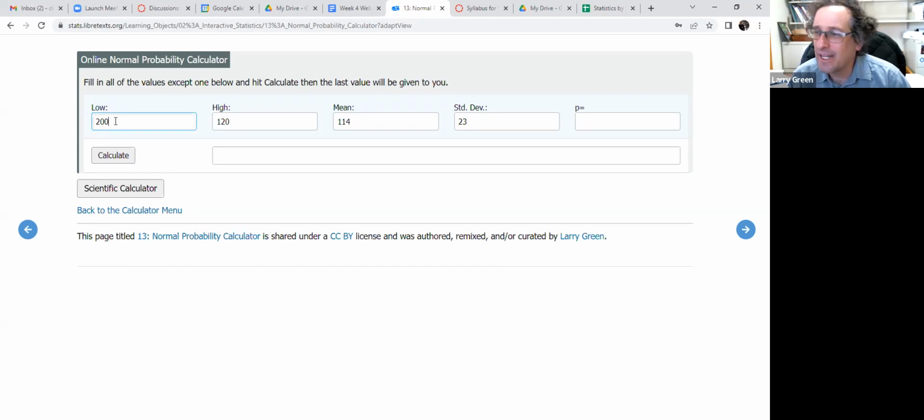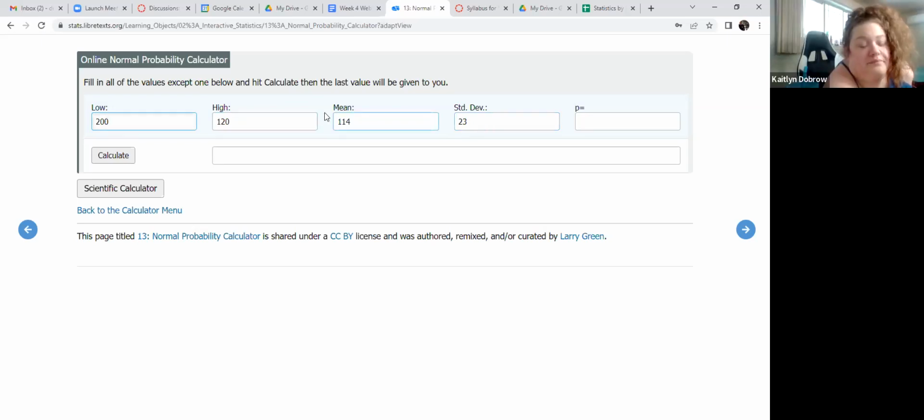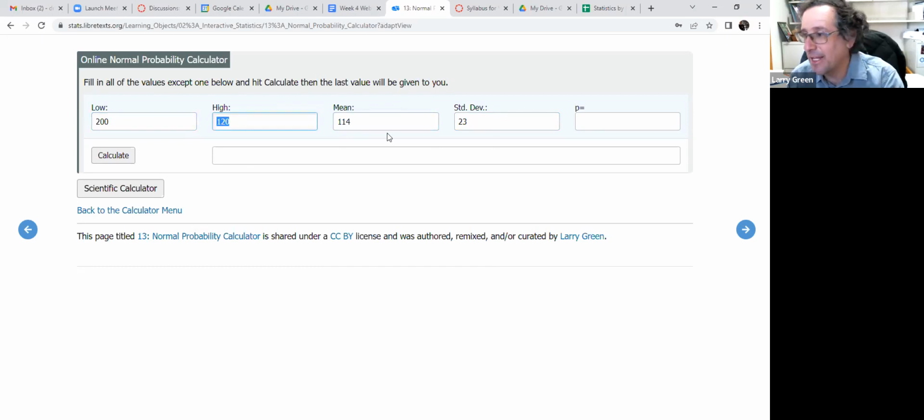So we're going to kind of trick the computer. I look at all the numbers here and ask which one has the most digits. If it's a tie, it's fine. How many digits are there for the most number of digits? 3. So for the high, I'm going to take 3 and add 2. That's 5, and I'll put 5 nines.